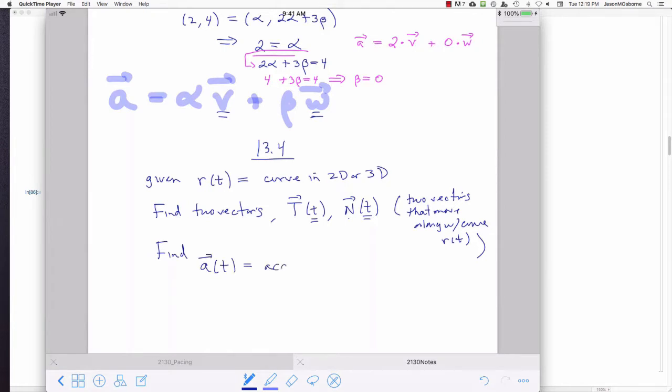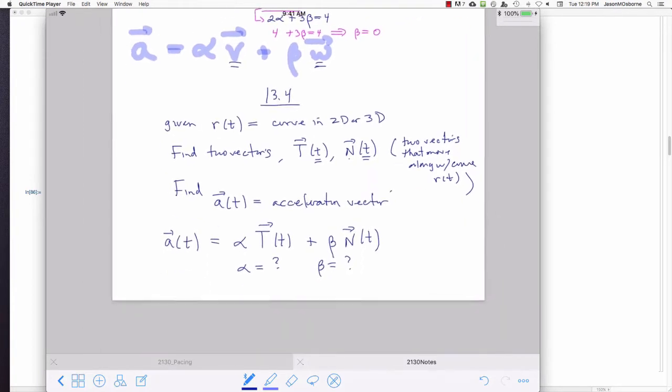And this will be the acceleration vector. Our goal is to take this acceleration vector and write it as a decomposition of the vectors T that you've been given and the vectors N that you found. And so the goal is to find alpha and find beta.